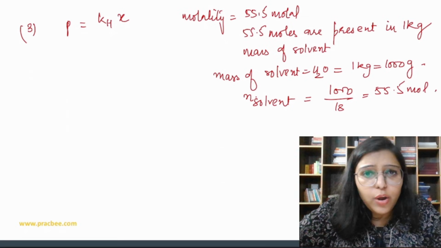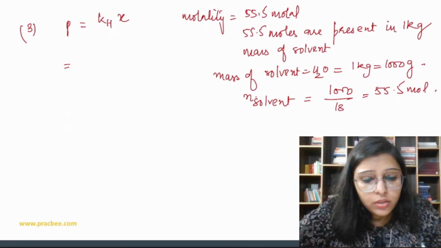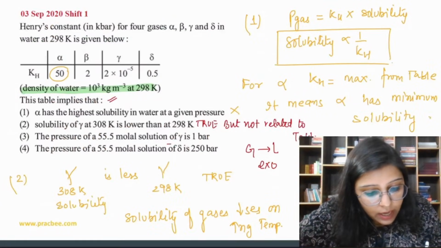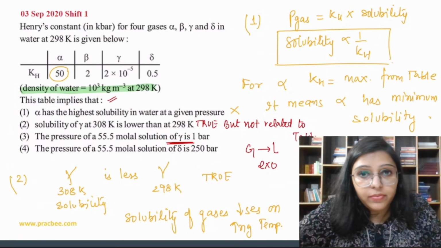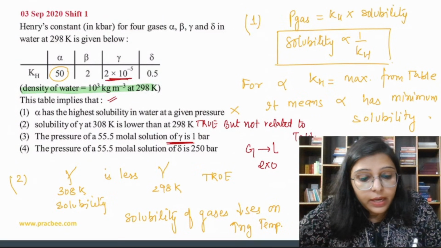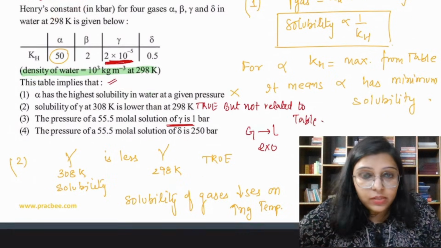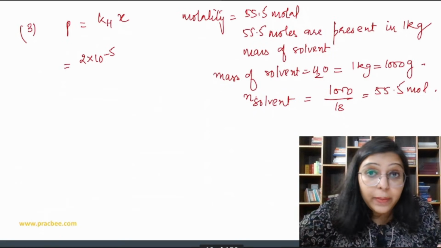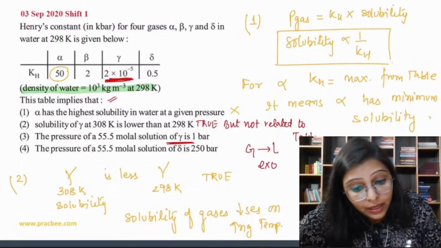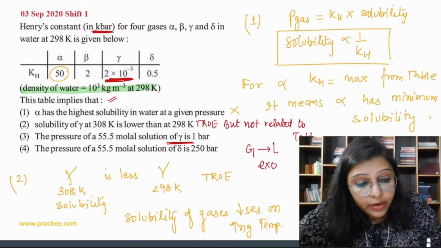Okay. Now how to solve this? You have to find out pressure for which gas? Gamma. So gamma, it is 2 into 10 to the power minus 5. Okay. So let's solve this. But in kilobar, we have to find in bar.